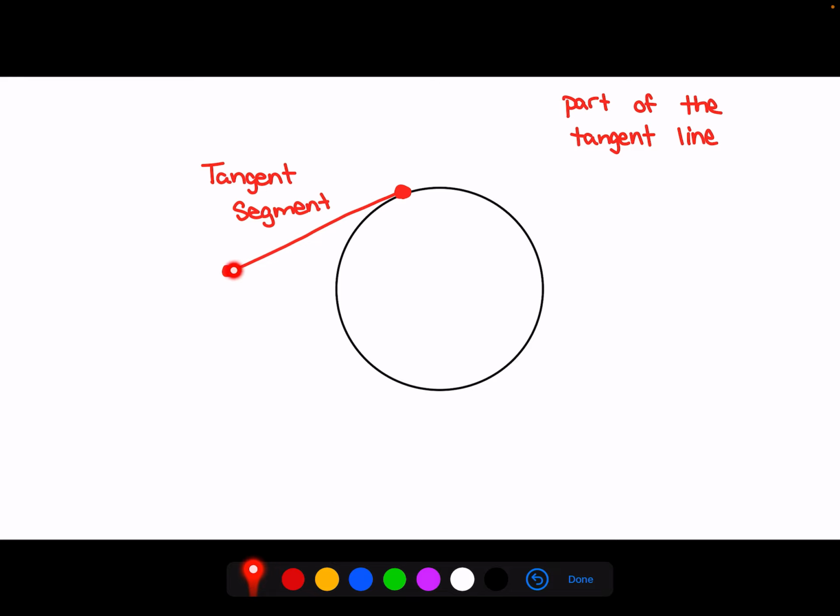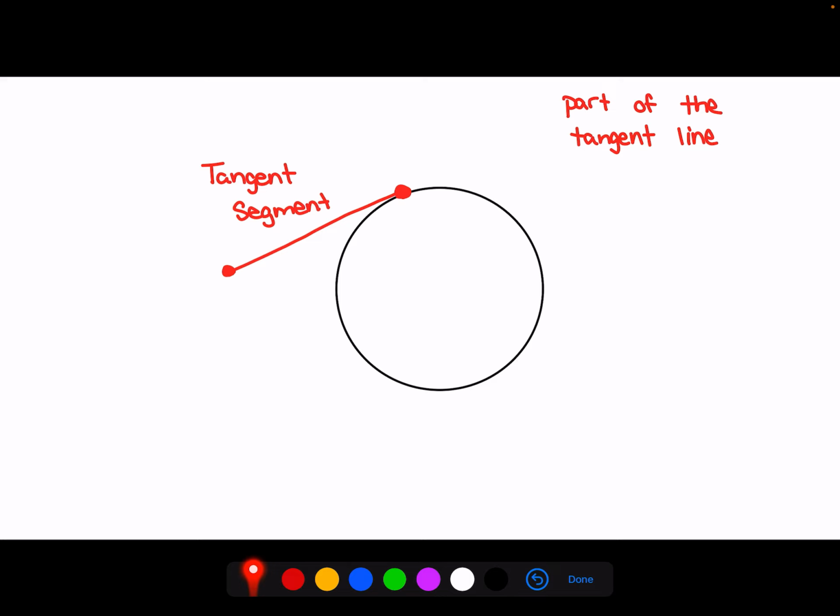So one of the endpoints will always be on the circle at 1 point. Typically with tangent segments, the other point is not within the circle, but it's oftentimes shared with another tangent line. Not always, but often enough. That's typically where you see tangent lines, is when you have 2 tangent segments occurring. So that's typically when you see this occurring here.